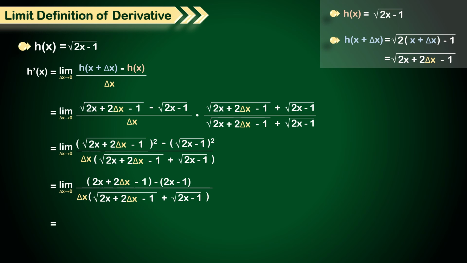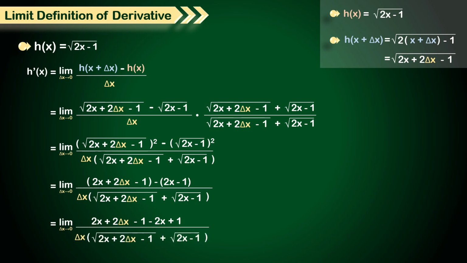Remove grouping symbols. We have the limit of 2x plus 2 delta x minus 1 minus 2x plus 1 all over the whole denominator as delta x approaches 0.